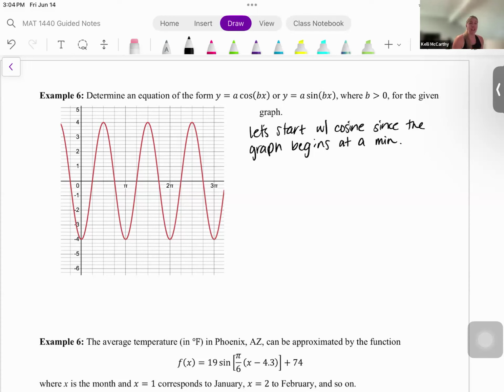Now, since we're actually starting at a minimum, we know that there's that reflection. And we've now seen a couple of examples like this. What that's going to do is just make it so our amplitude, that coefficient up front, is negative.